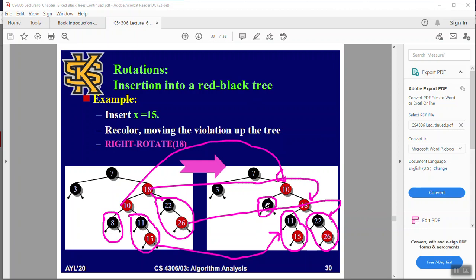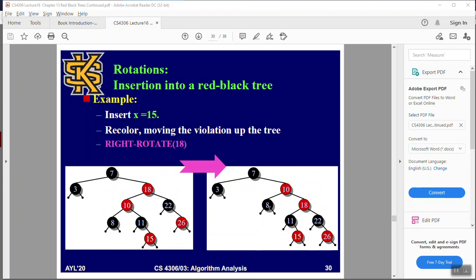So this one is okay, but this one is not okay, right? So the problem is occurring over here. So what do we need to do? We need to do another rotation starting from here upward. Okay, we need to do another rotation.